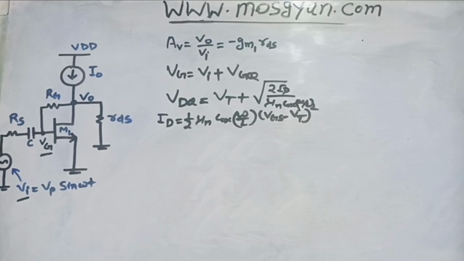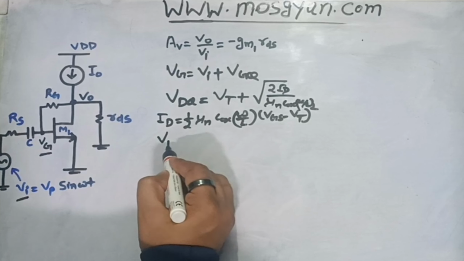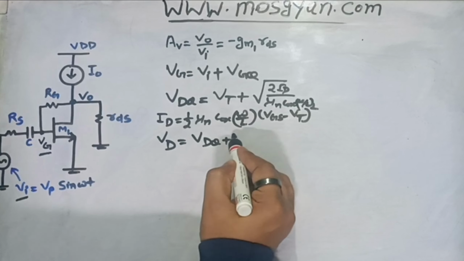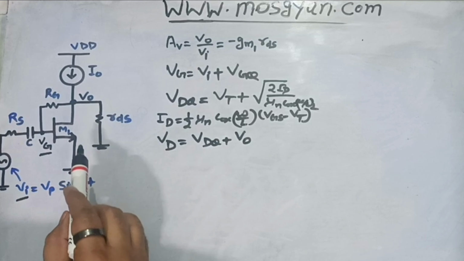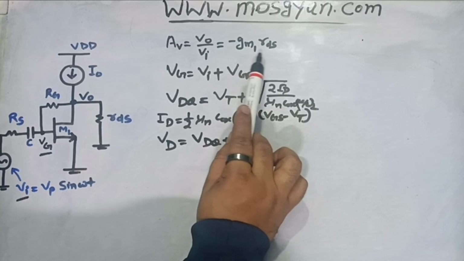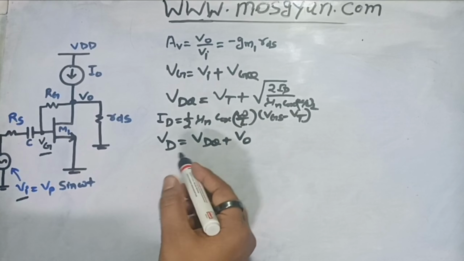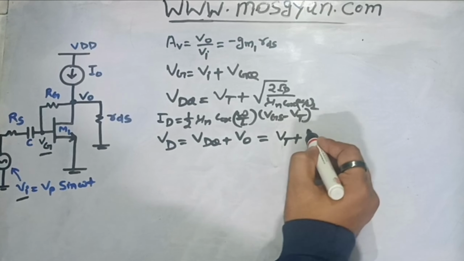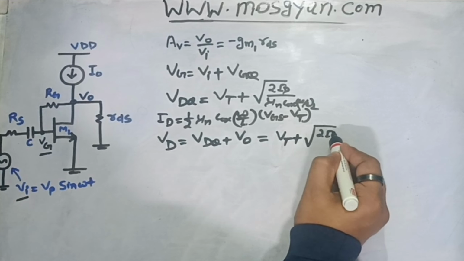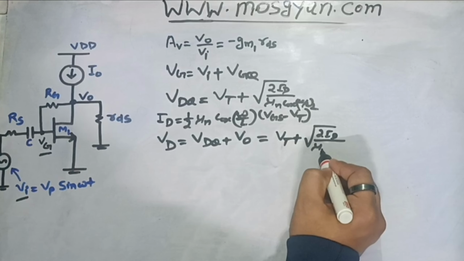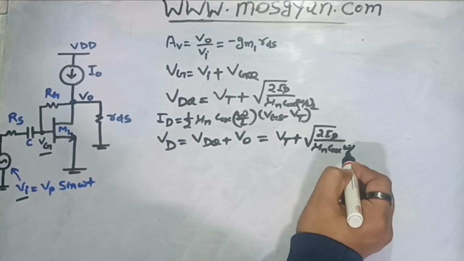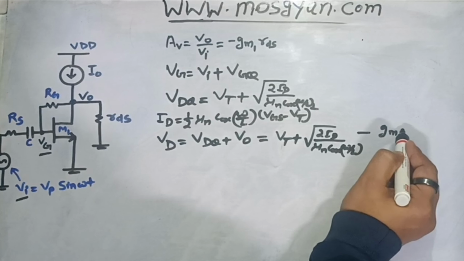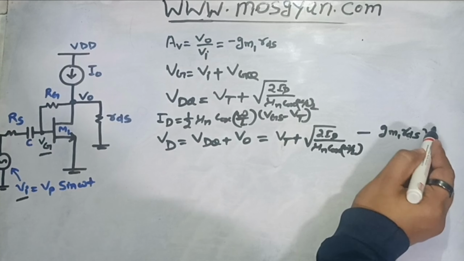Now if we need to write the value of drain potential, that would be the summation of quiescent potential plus output potential. Output potential we know from here would be equal to minus Gm1 Rds into Vi. So this would be equal to what we just calculated, Vt plus root of 2Id upon mu n Cox W by L, minus Gm1 Rds into Vi.